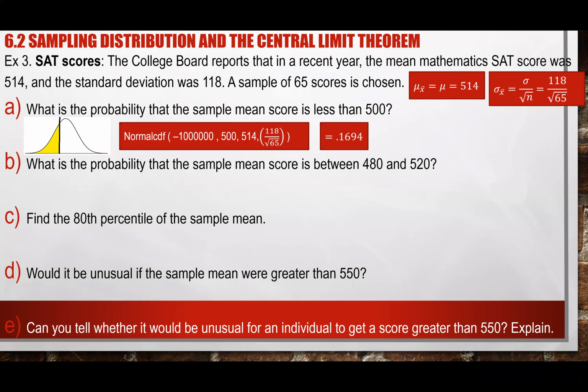Okay, so that's the difference between 6.1 and 6.2: you need to change your standard deviation to become a standard error.